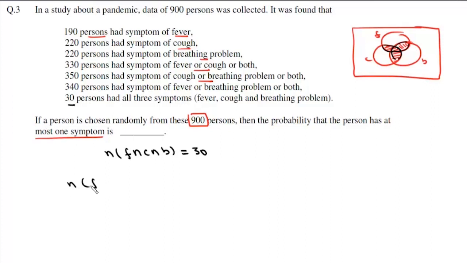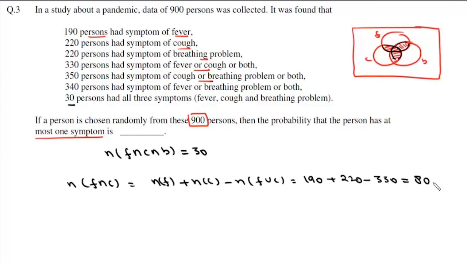Now N of F intersection C will be NF plus NC minus N of F union C. Now NF is 190, NC is 220, minus fever or cough, which is 330, which is nothing but 80.